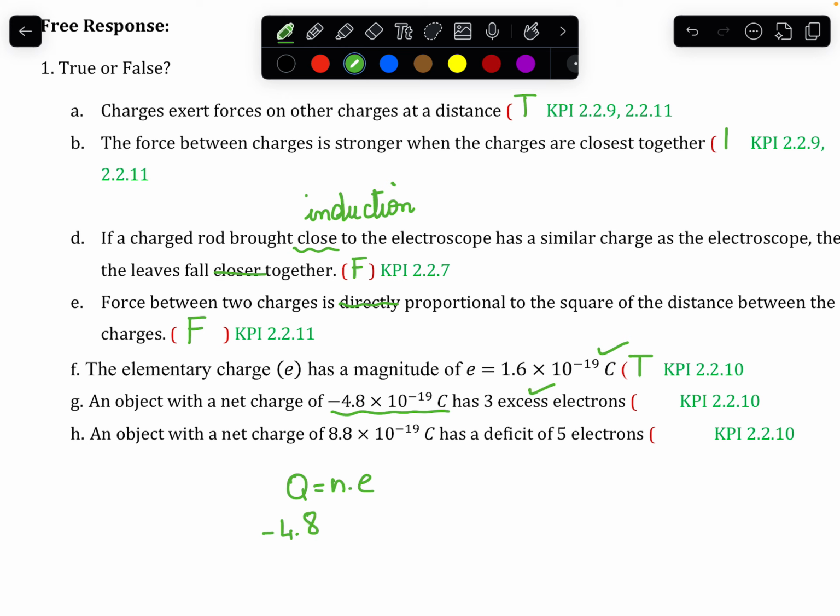Let's see if 3 is correct: 4.8 times 10 to the power of -19 equals N times 1.6 times 10 to the power of -19, that's 3. So true. An object with a net charge of 8.8 times 10 to the power of -19 has a deficit of 5 electrons. That's not true because we tried it and the answer was 5.5.